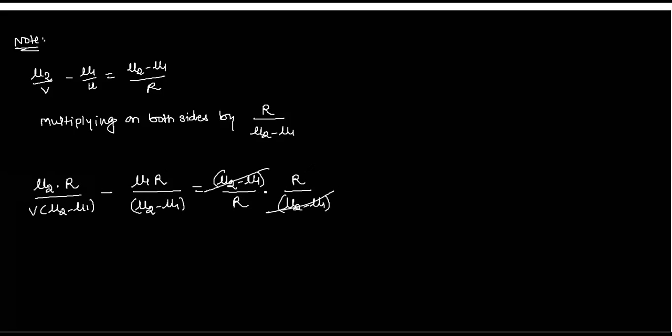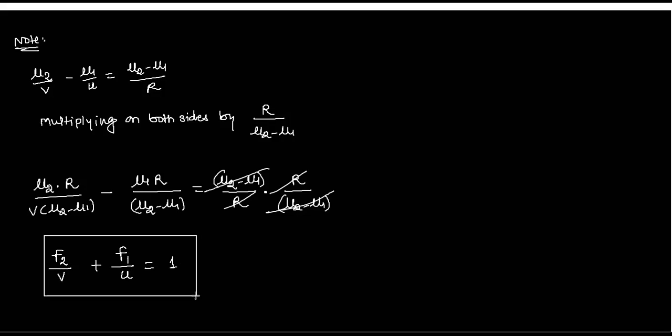So this will get cancelled, and if we substitute this value, this is the f2 value. So here it is f2 by phi plus f1 by u, because minus is already there. Minus f1 gives minus minus plus, so this is equal to 1. This is the formula in case of principal foci. Got it? So note this down.